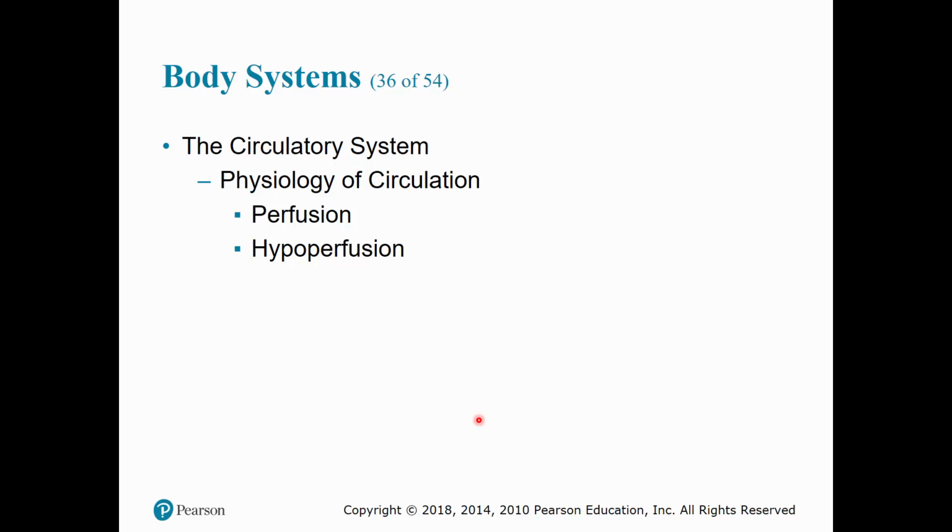Perfusion is the delivery of oxygen, glucose, and other nutrients to the cells of all organ systems and the elimination of carbon dioxide and other waste products, thus resulting in the constant adequate circulation of blood through the capillaries.